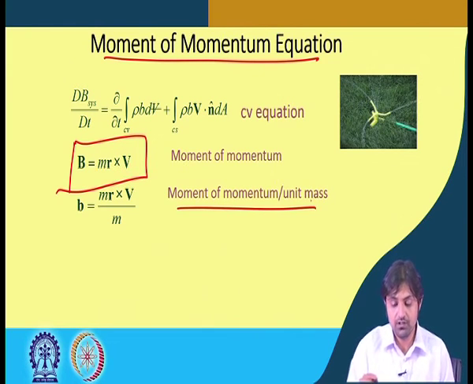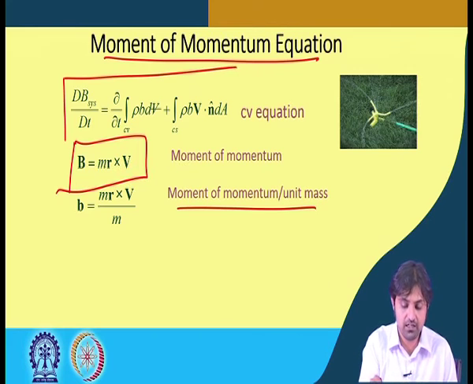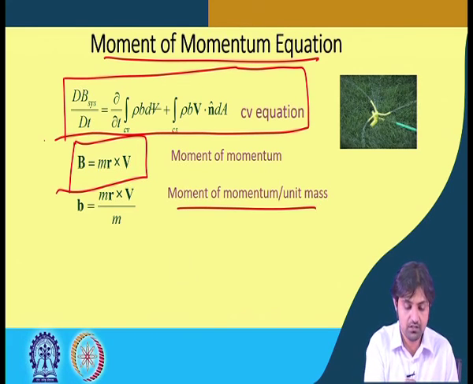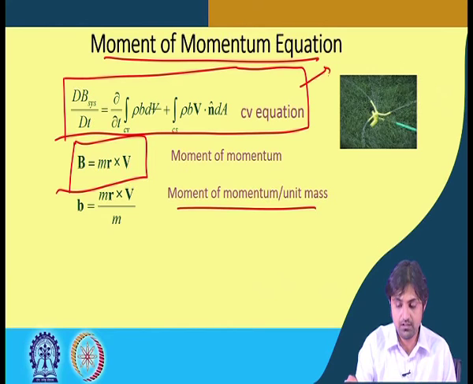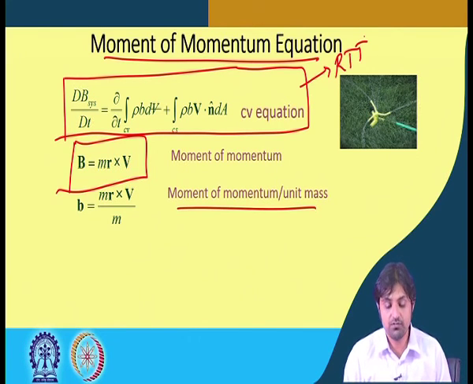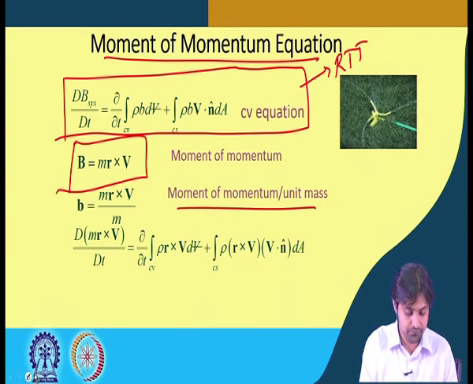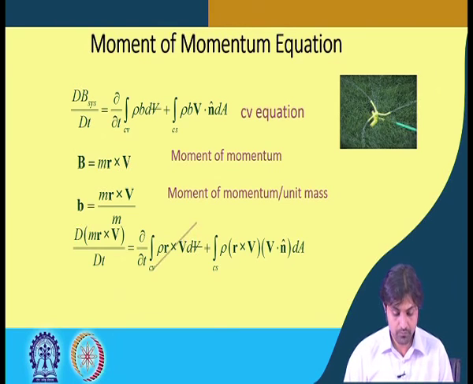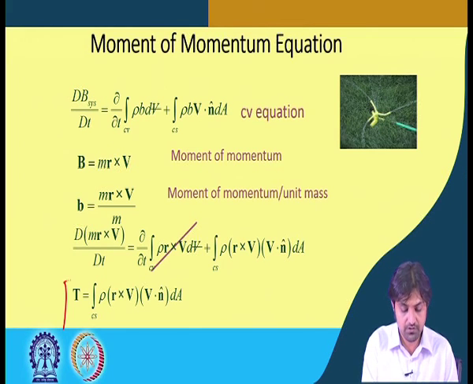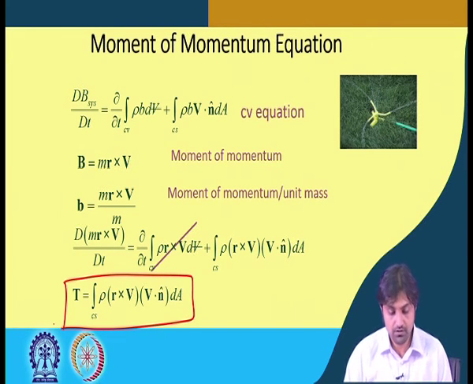So actually the message here is that this equation, the Reynolds transport theorem, can be used to derive any of these conservation principles. So this is going to be 0, but we are not going into detail.